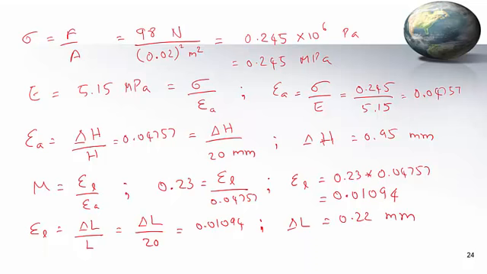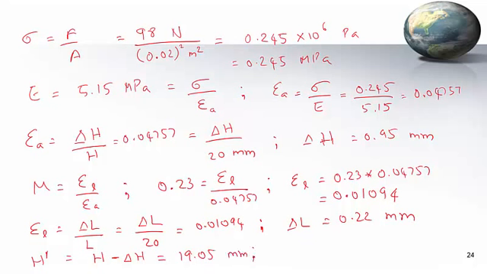So the new height equals the original height minus delta H, because it's compression. That is equal to 19.05 millimeters.